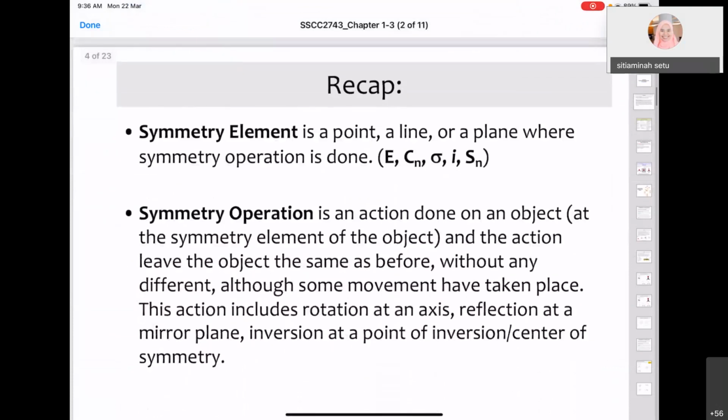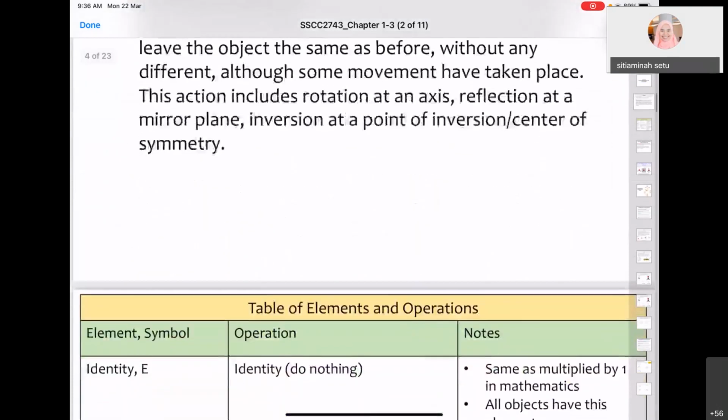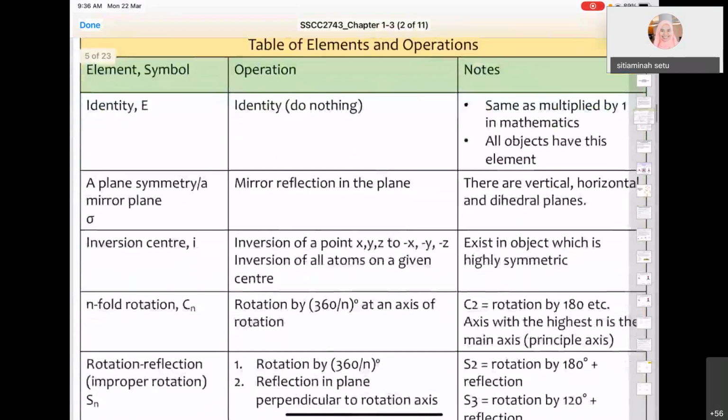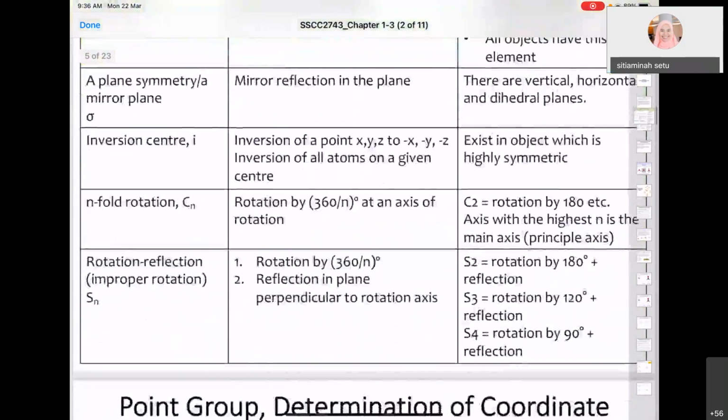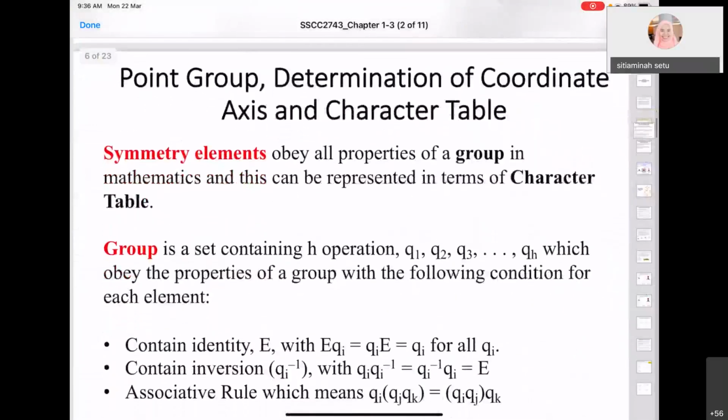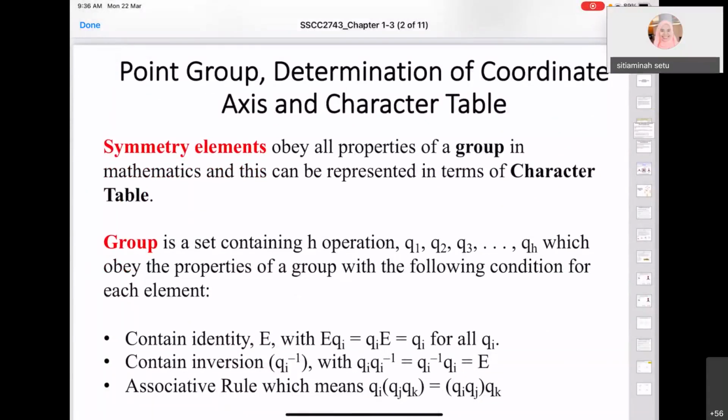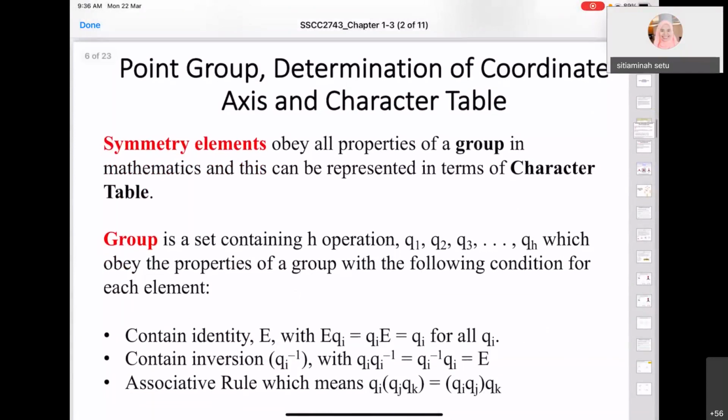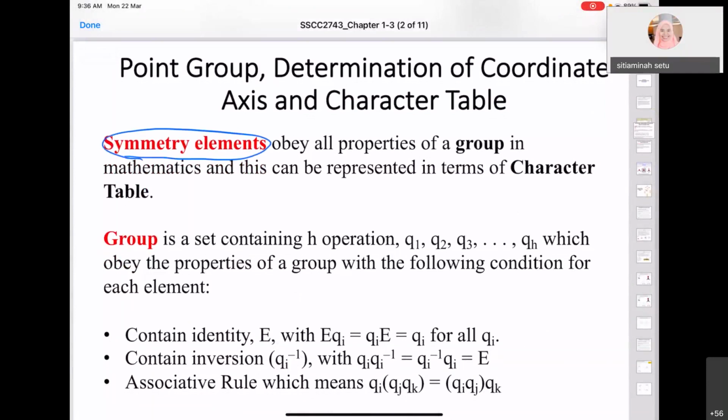Recap saya tak payah, sebab kita baru habis. Alright, so let's begin here. Point group, determination of coordinate axis and character table. So the symmetry elements yang kita buat dekat molekul tu, kenapa kita kena tentukan symmetry of the molecule?